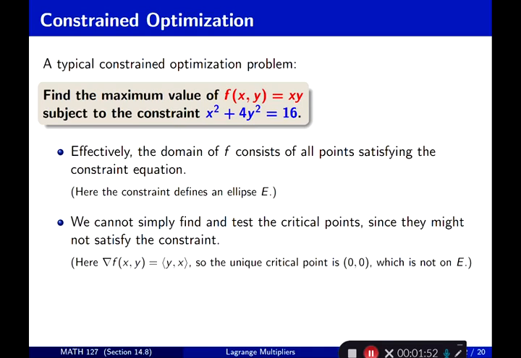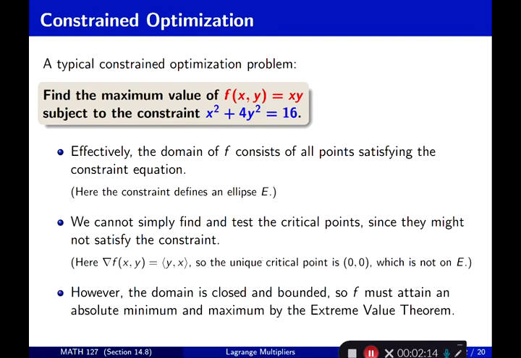When you find the gradient of f of x and y, equal to y and x, the only critical point is going to be 0 and 0, which is not on that ellipse. And we're not looking at that critical point at all, because we're just looking at that effective domain, the new domain of the function.